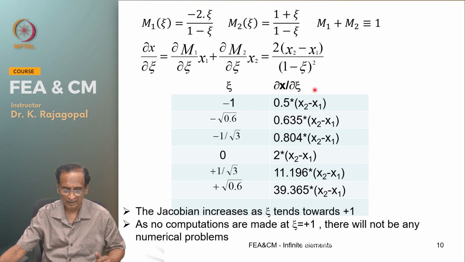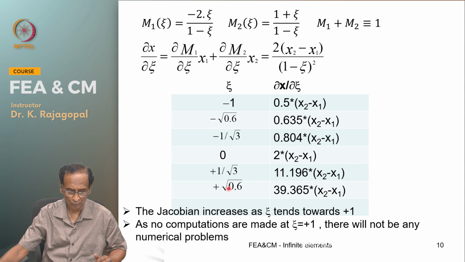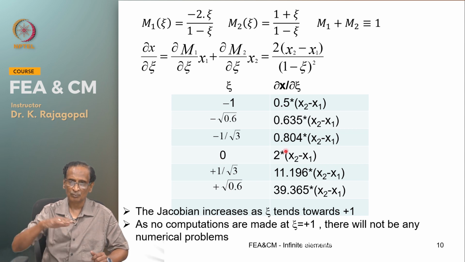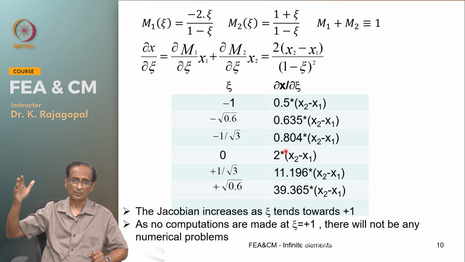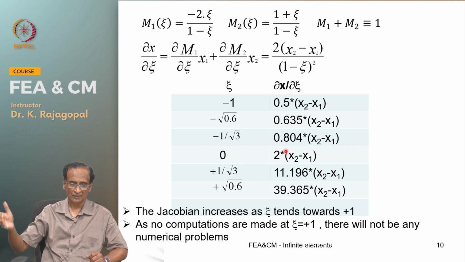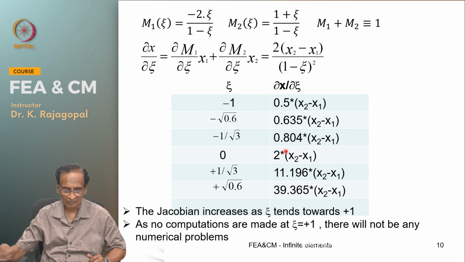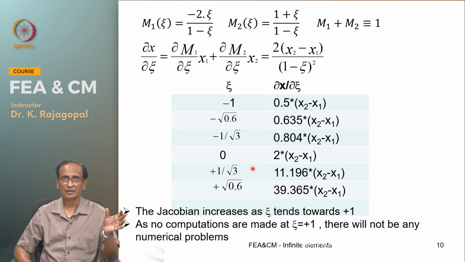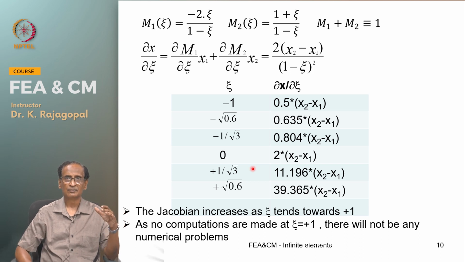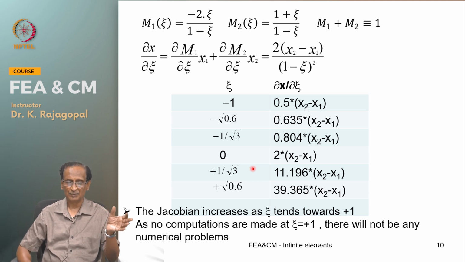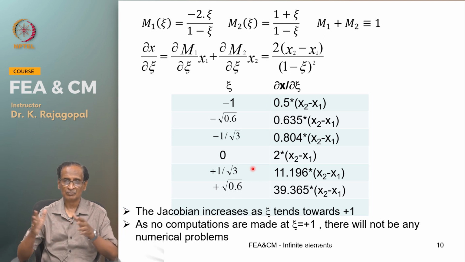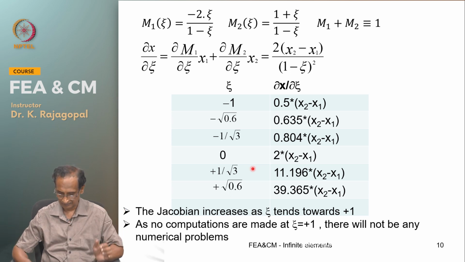As we see here, as xi tends towards 1, our Jacobian value increases rapidly, in fact exponentially beyond xi of 0. That means our mapping functions with singularity are able to represent a semi-infinite domain.